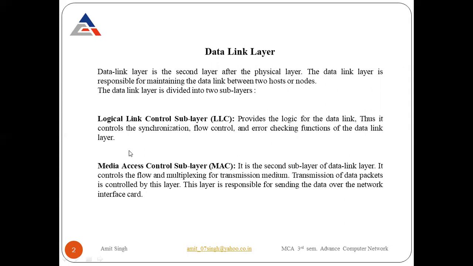So the speed of the sender is different from, in fact greater than, the speed of the receiver. Maintaining this speed balance between the sender and the receiver is the major responsibility of the logical link layer, to control the flow of data.